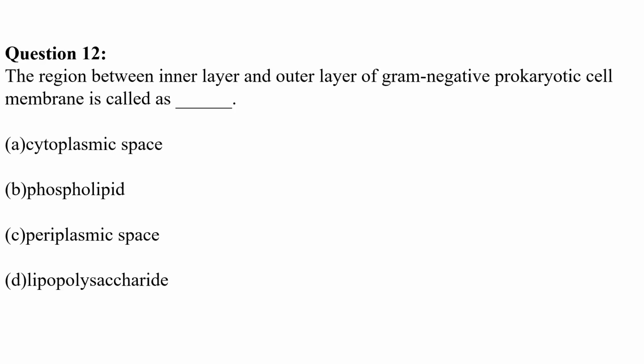So in a gram-negative prokaryotic cell, we have two layers of membrane. So we have the cell. This is the outer membrane. And then we have an inner membrane.